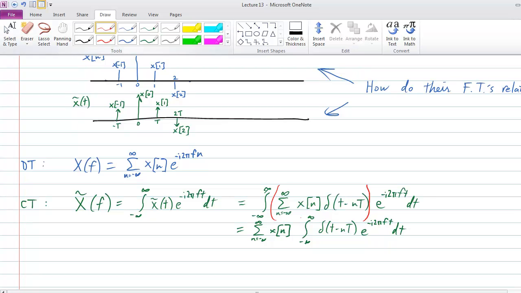Okay, now I want to focus on this part first. We have a shifting property for the delta function. It says that this integral, the limits are negative infinity to infinity, so I'm always within the limits, is equal to this function evaluated at the point t equals nT.